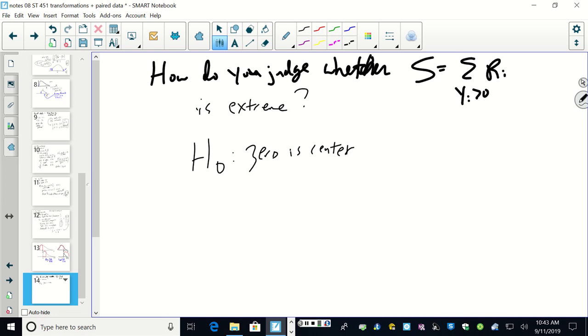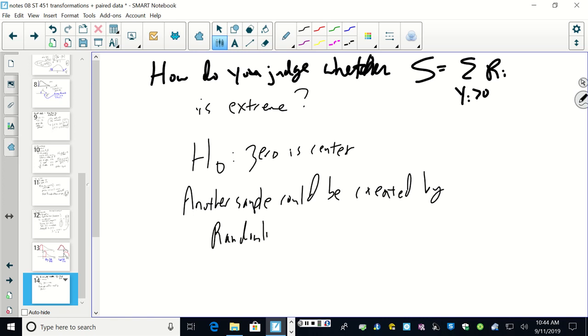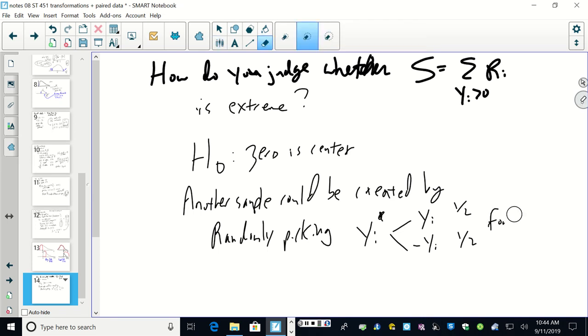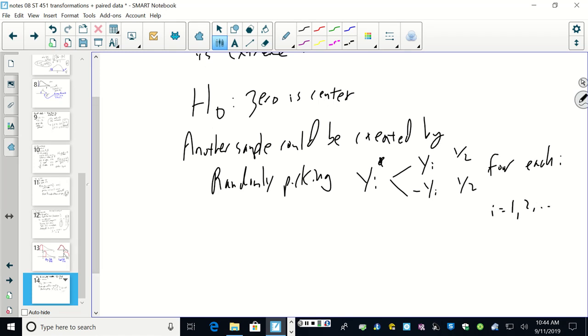You get one measurement at the first, one measurement at the second. You could just flip them, and another sample could be created by randomly picking our new measurement to be either yi or negative yi with probability 1/2 for each i, for i going from 1 up to n.